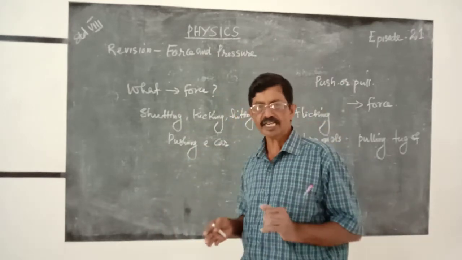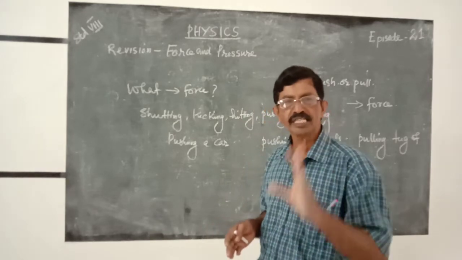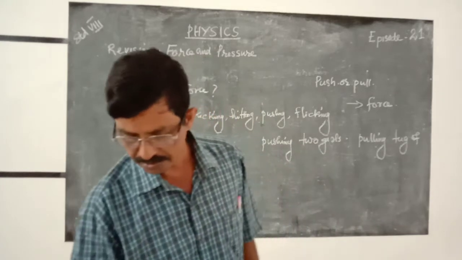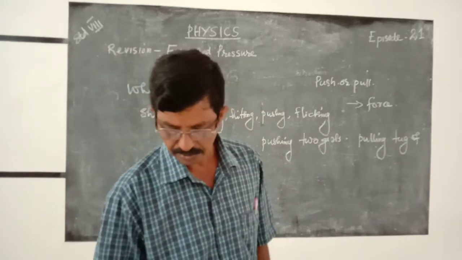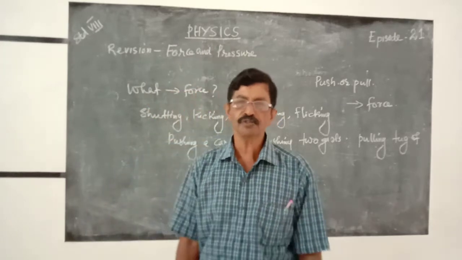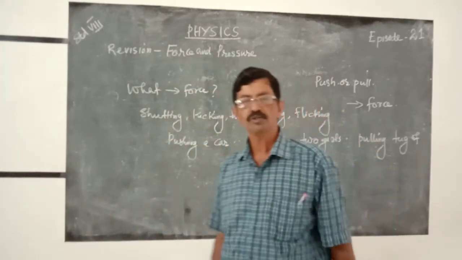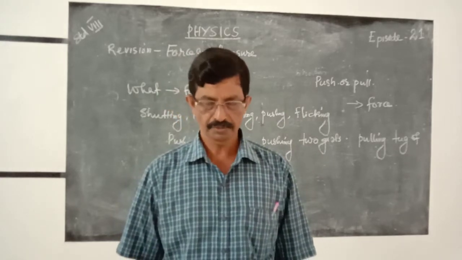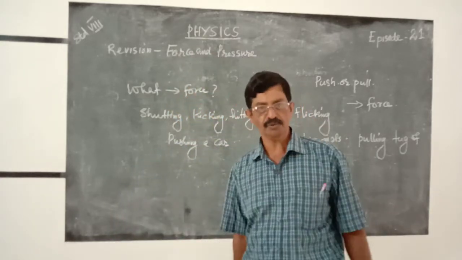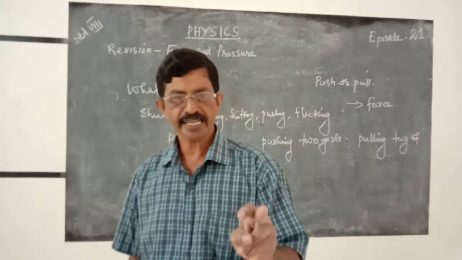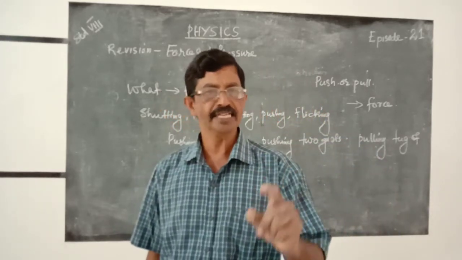When there is an interaction between two bodies, then only there is a force existing. Now, actually, what is force? It is an interaction of one object on the other. That may act in the form of push, pull, hit, flick in this way.